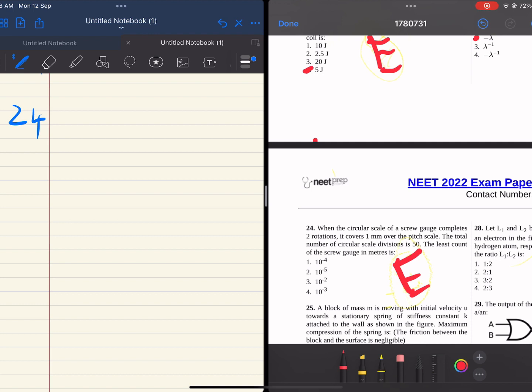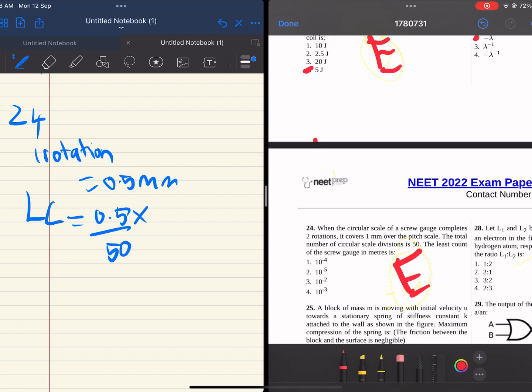The least count of a screw gauge is pitch by number of circular divisions. Pitch is the distance traveled by the screw gauge in one full turn. In 2 rotations it travels 1 millimeter. So in 1 rotation it travels 0.5 millimeter, which is the pitch of the scale.